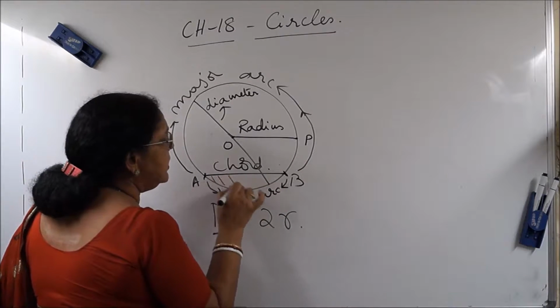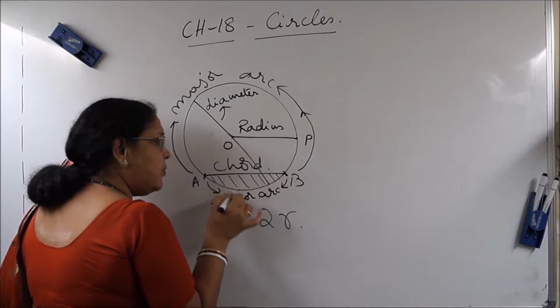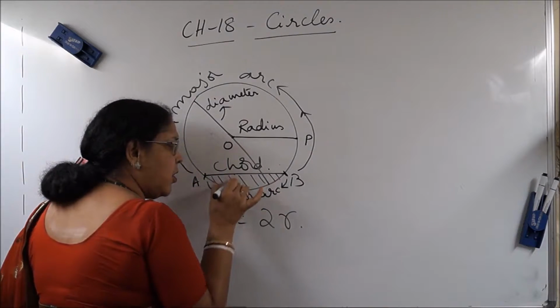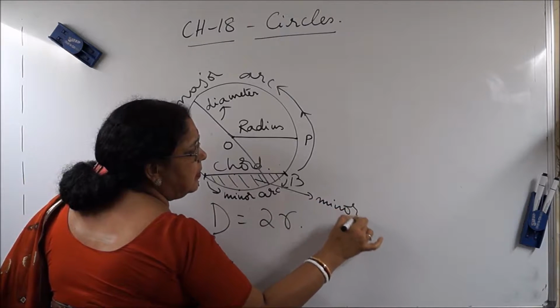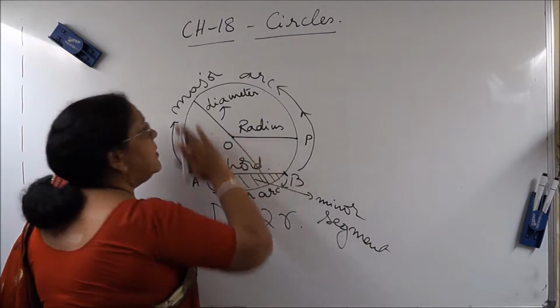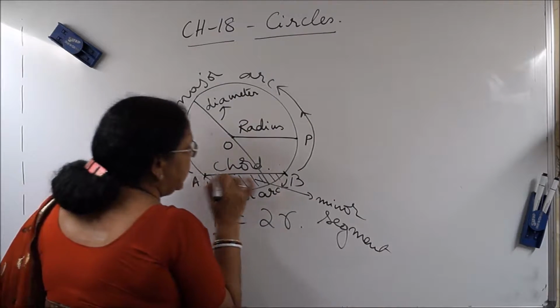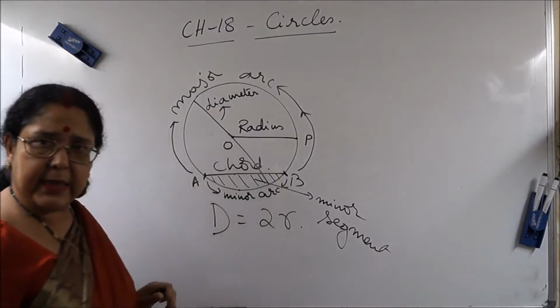So this is the segment. The area bounded by the minor arc and the chord is called the minor segment, and the region bounded by a chord and the major arc is called the major segment.